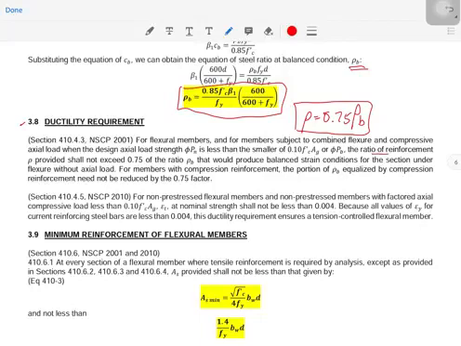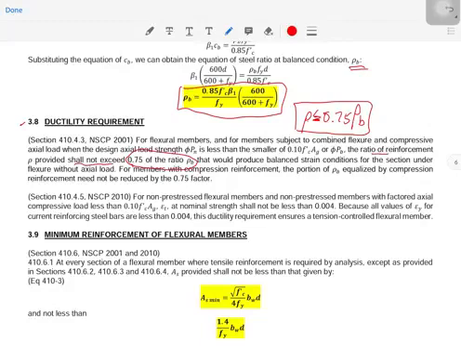Okay, so the ratio of reinforcement, which is rho, shall not exceed, or we shall say this is less than or equal to 0.75 of rho balance, so that is for that particular condition.